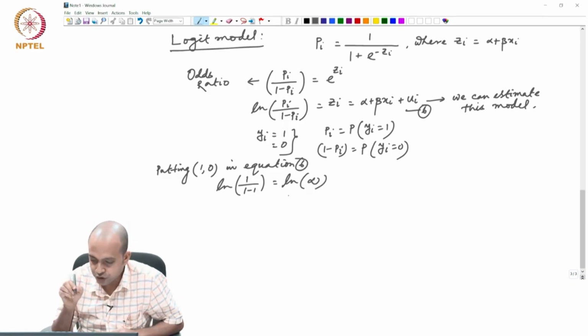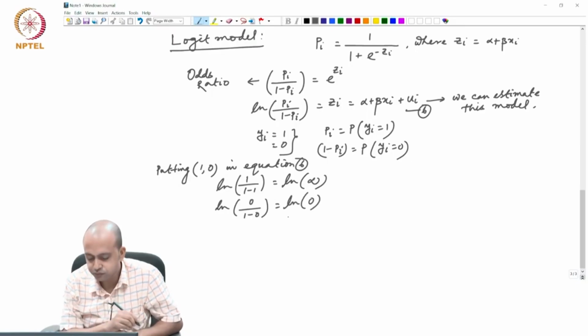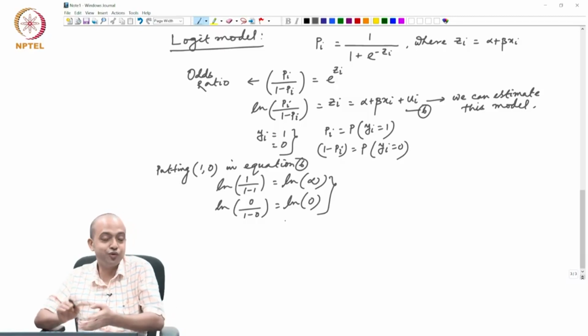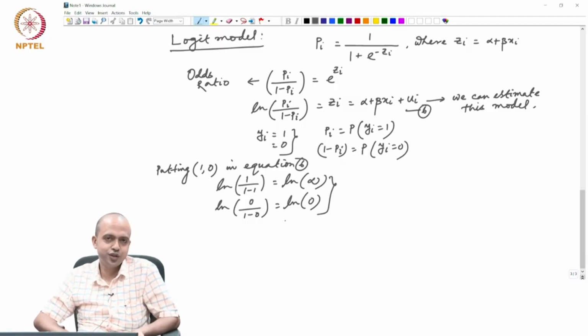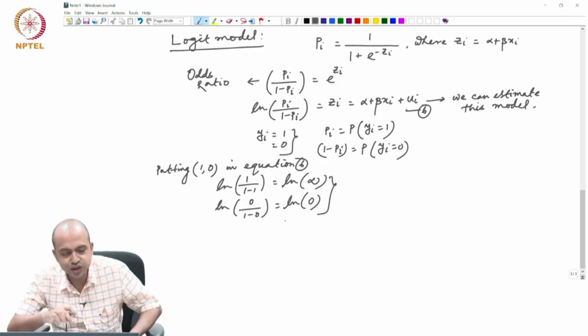If you put 0 here, it becomes log of 0 by 1 minus 0, which equals log of 0. This would become your dependent variable. Can you estimate this model? No. That means we cannot actually put 1 and 0 in this equation.